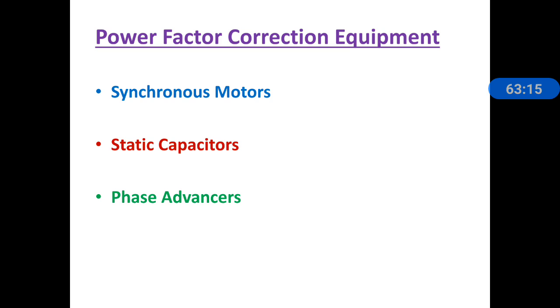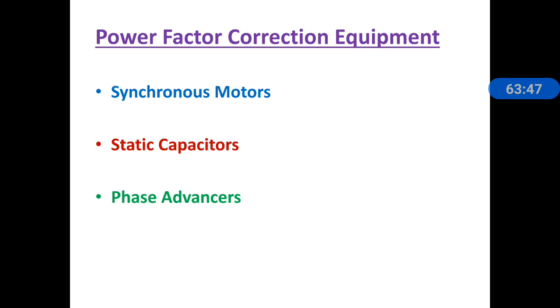Next are phase advancers. This is a special equipment which works in induction motors only, because induction motors are the main equipments that always produce a very poor power factor. To improve the power factor, we connect static capacitors, or we can use one equipment, the phase advancer.